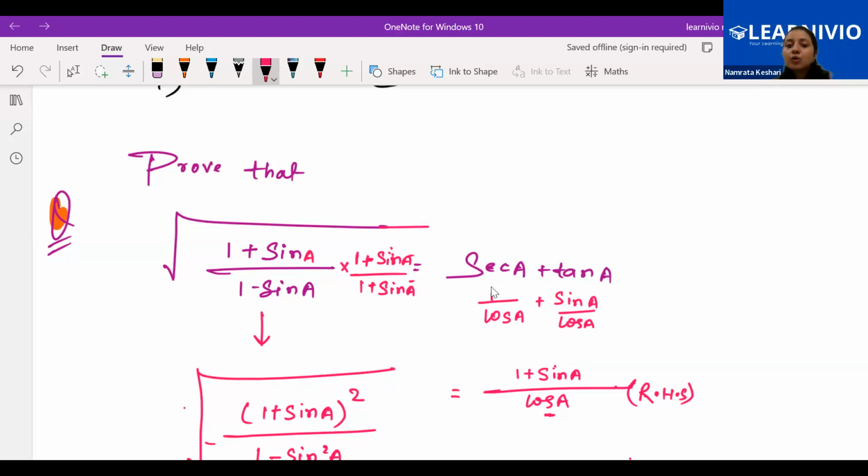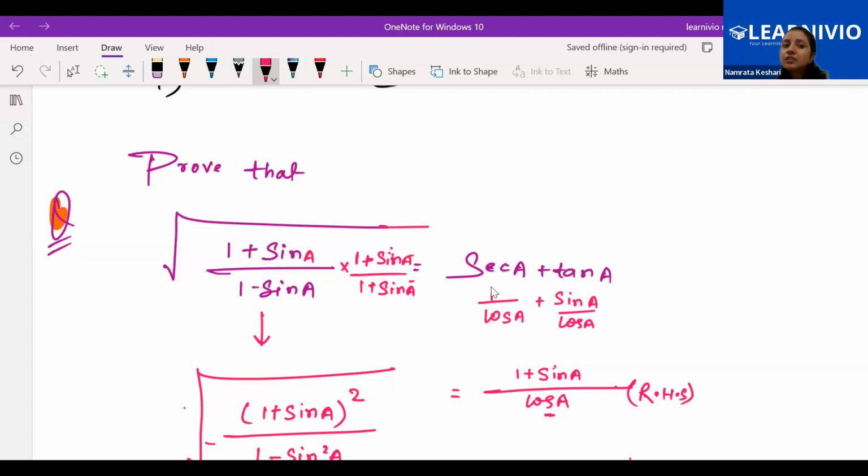So this is one way of getting it, like root of (1 plus sin A) by (1 minus sin A) is sec A plus tan A. How? This is one of the ways of finding it, and that's what we are doing.